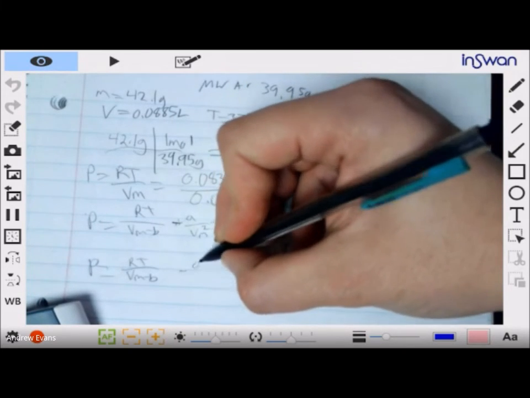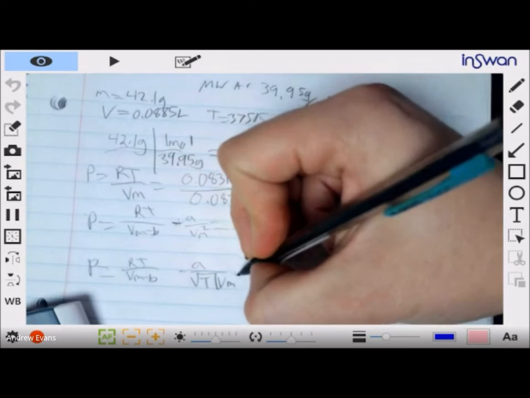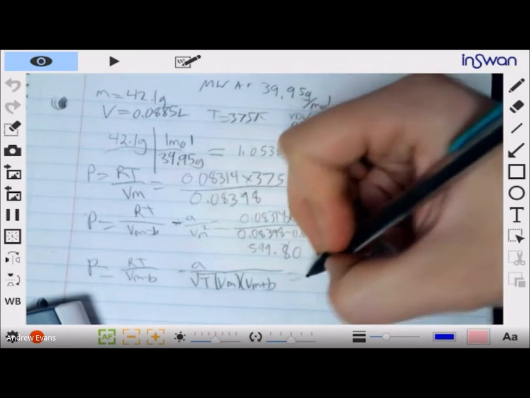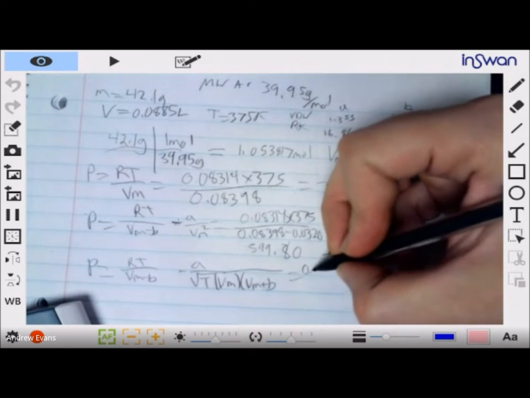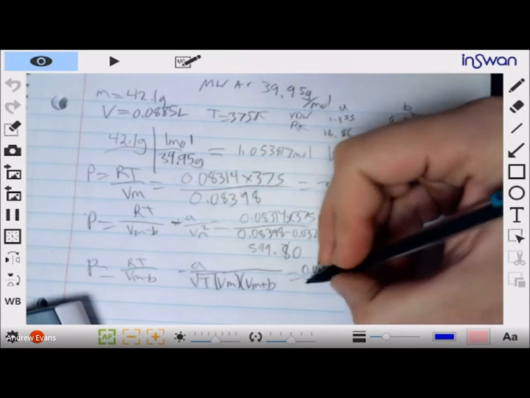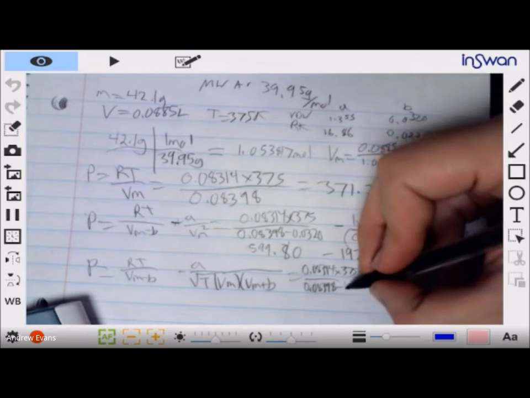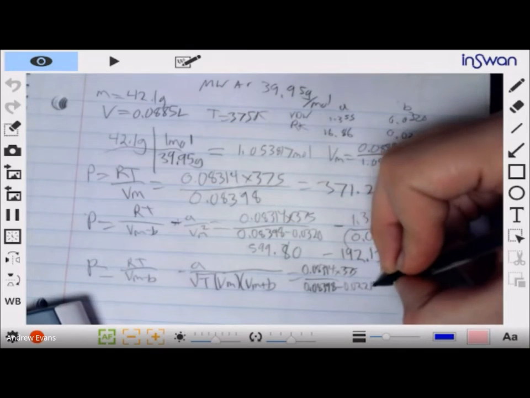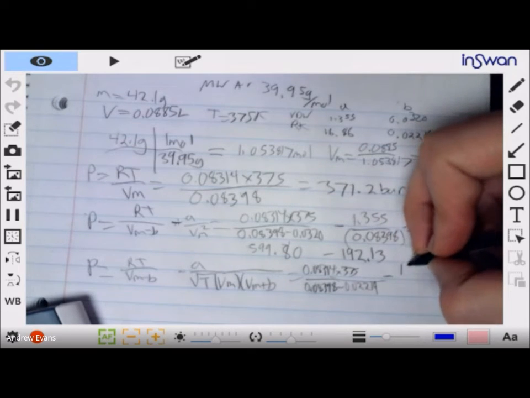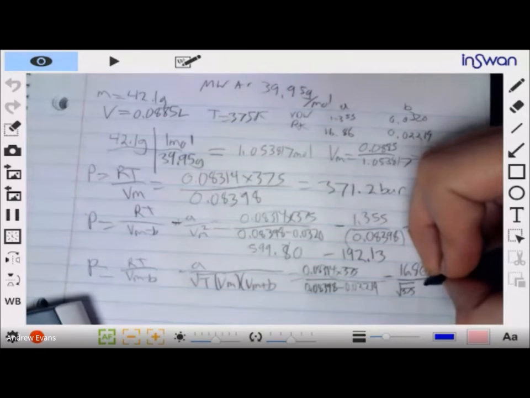Now it's minus A over the square root of T times V sub M times V sub M plus B. So 0.08314 times 375 over 0.08398 minus our B, which is now a little bit smaller, 0.02219, minus our A, which is a lot bigger though, 16.86, to compensate for the square root of 375 on the bottom.